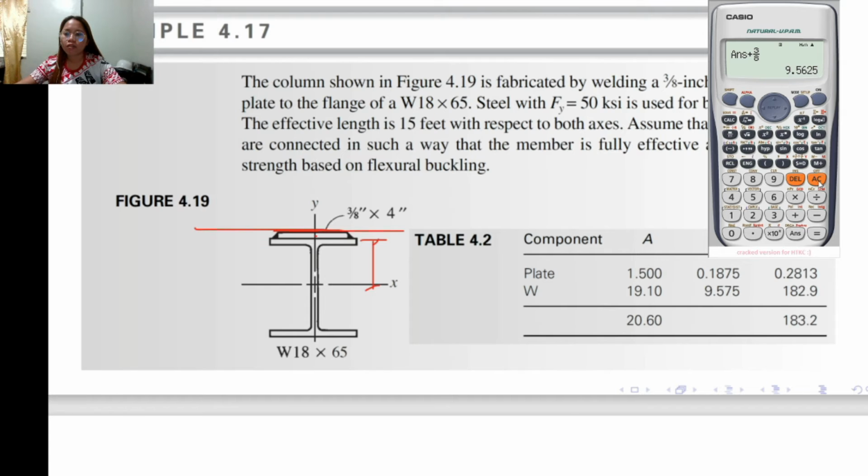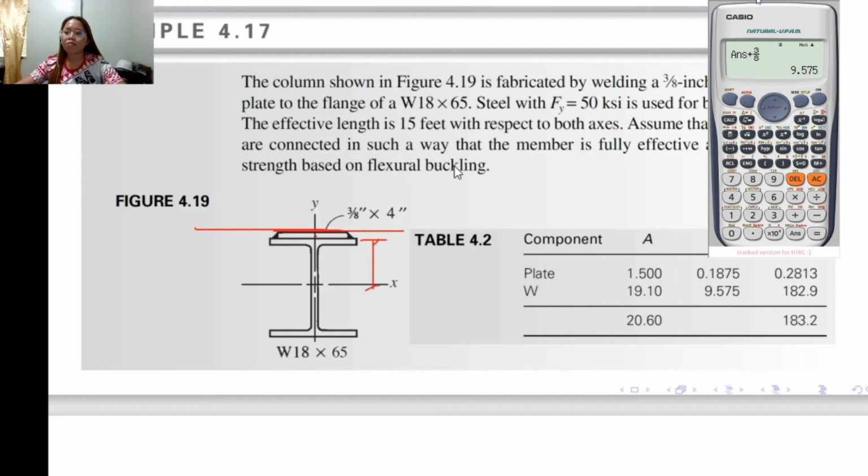Let me try 18.4 divided by 2, the half, plus 3/8.